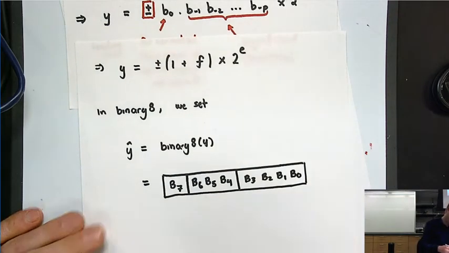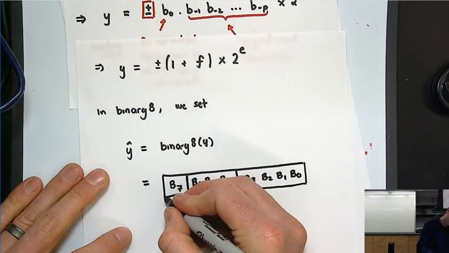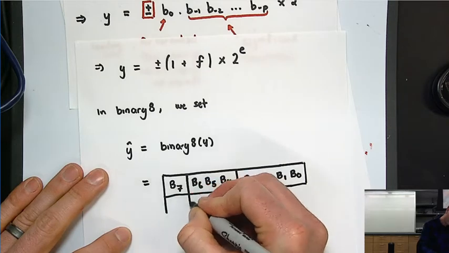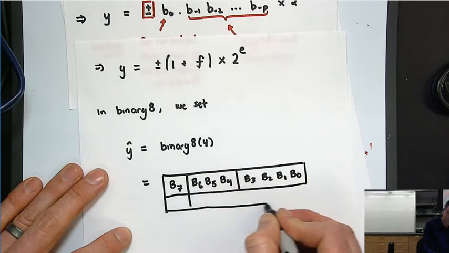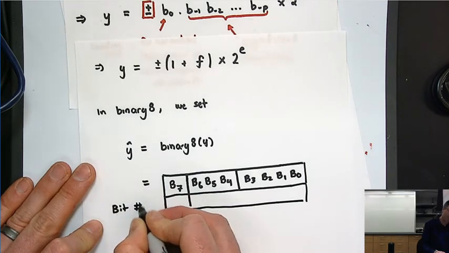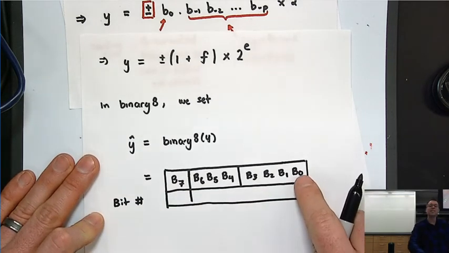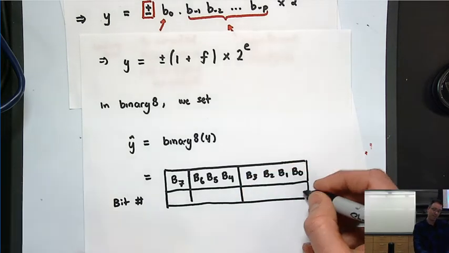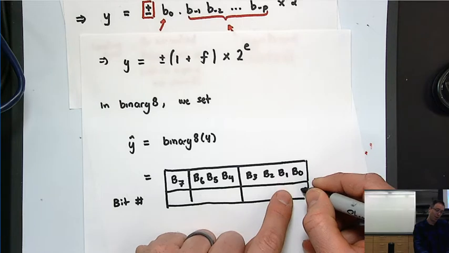And then I want to talk about this as bit number. Okay, this least significant bit in this data class, what's the bit number on that thing? Yeah, we'll call it 0 for now.